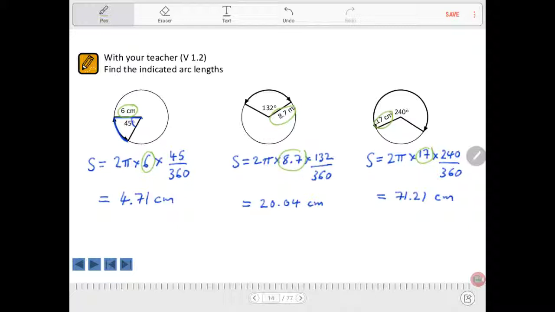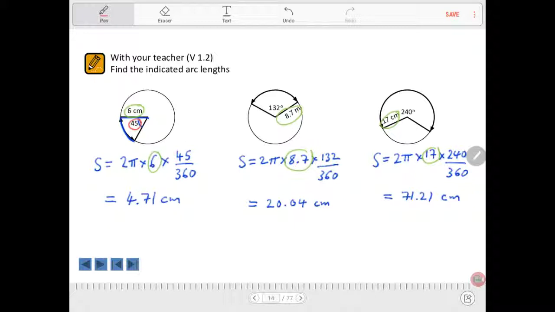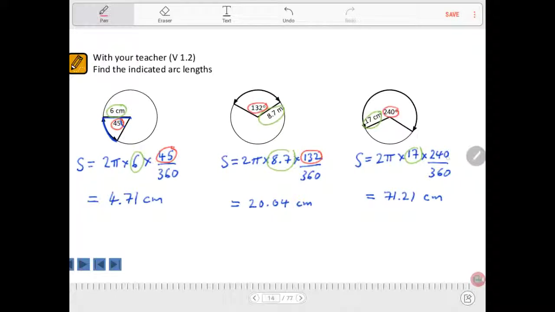And the angle that's given, that always goes over 360. Then you put them into the formula and have a go at it on the calculator. So as usual, the questions for you to try are in the description for this video.